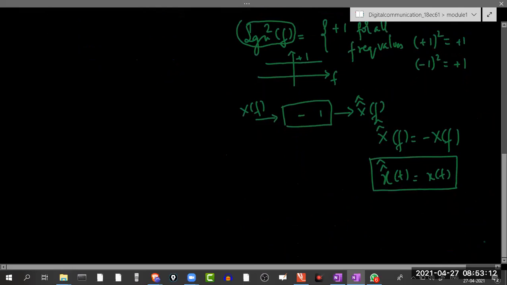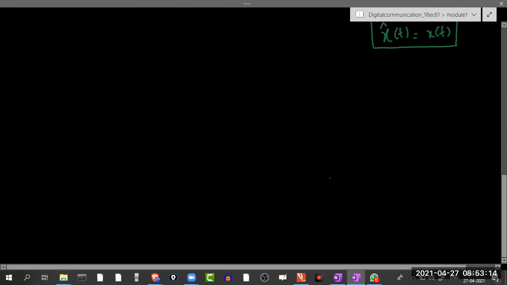Let's take an example case where we assume some value for x of t. So right now, let this input signal x of t be equal to some cosine function, cos omega t. Now, what are we supposed to do if I'm supposed to find x double cap of t?